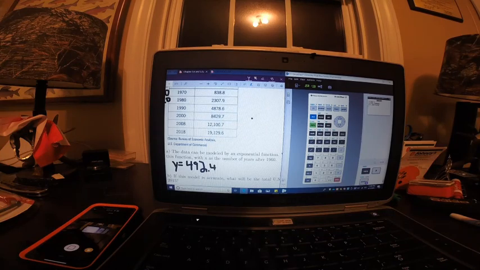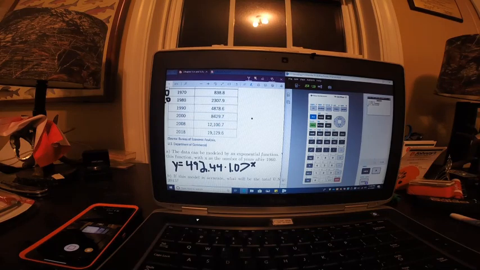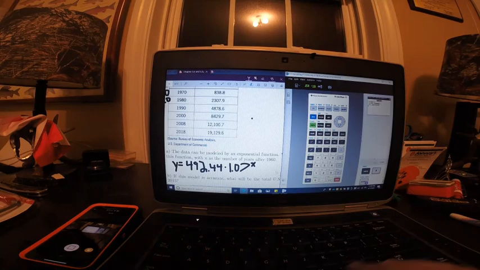I'm going to round to 2 decimals. Our B here is 1.07 because I'm going to round to 2 decimal places there too. And that is raised to the x. Alright, so that is our answer for part A.